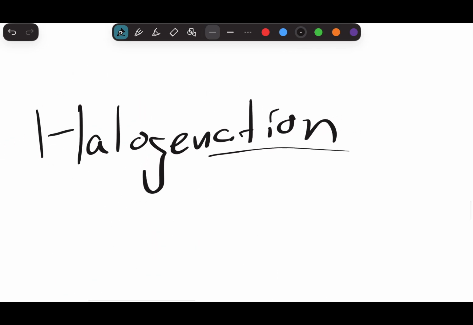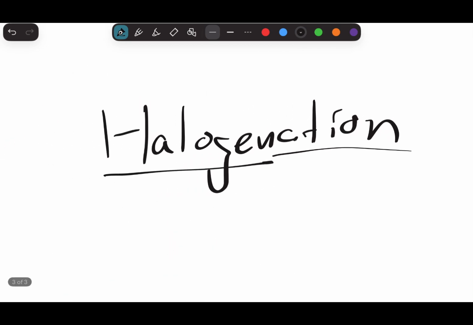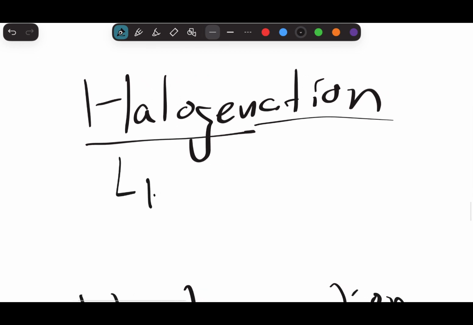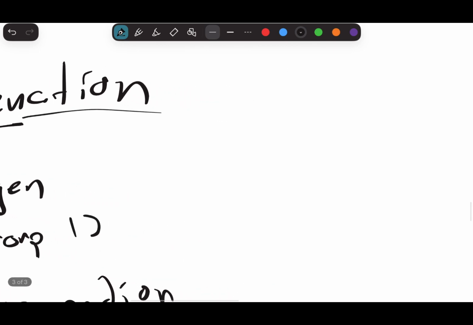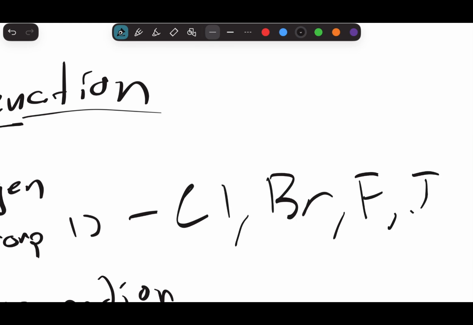So you don't really have to care about the ending. What you want is the first half. Halogenation means it's a halogen, so group 17. Chlorine, bromine, fluorine, iodine, etc.